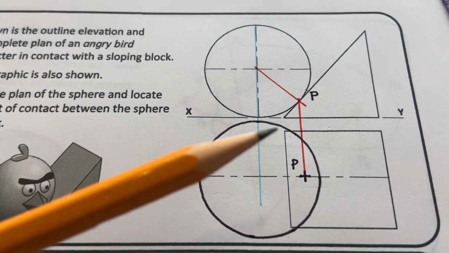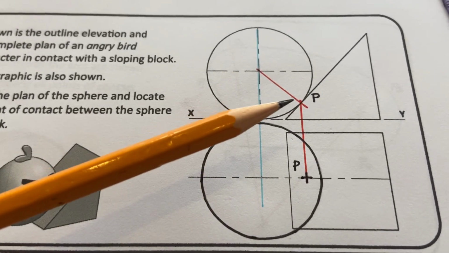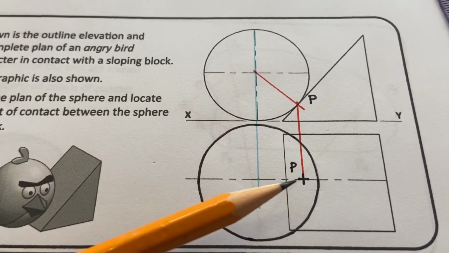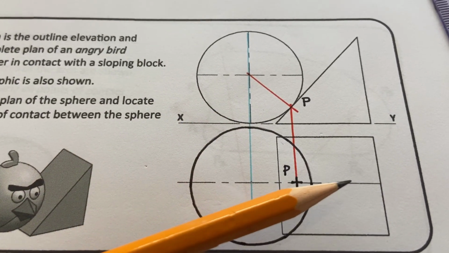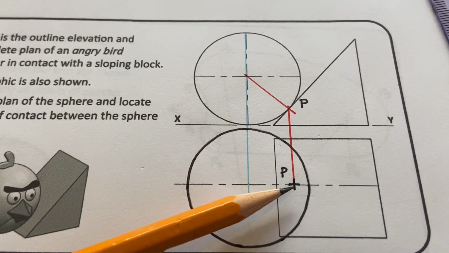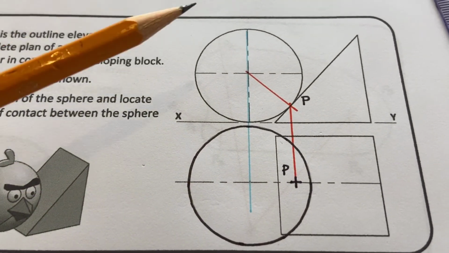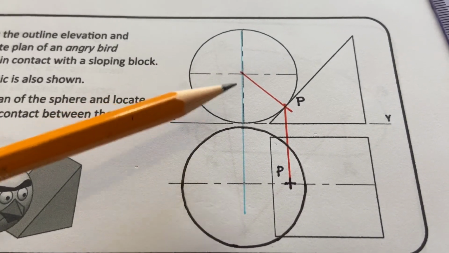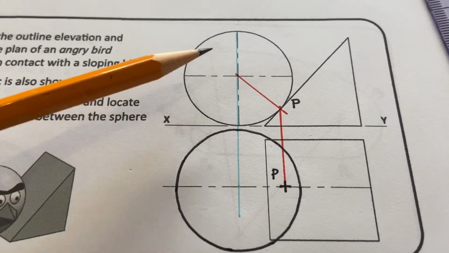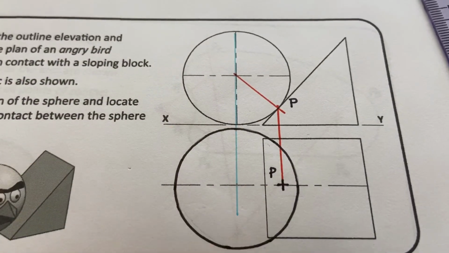And once you have the point of contact found in elevation, any point in elevation is going to be directly below in plan. So we drop P straight down into the plan onto the center line, and that gives us the point of contact in plan. So a simple enough solution to that question. First of all, we just drop the center of the sphere into plan, and using the same radius that we have in elevation, we draw the sphere in plan.